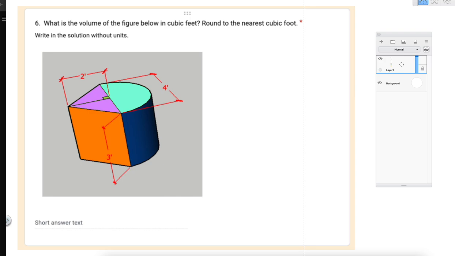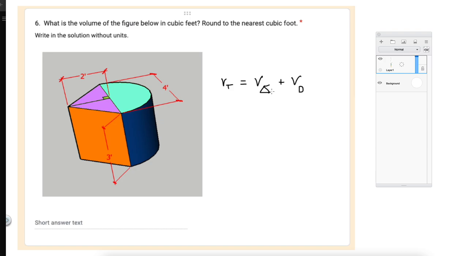Let's separate this into two separate volumes. The volume total equals the volume of the triangular prism plus the volume of the half cylinder. That's half a cylinder right there, half a circle.